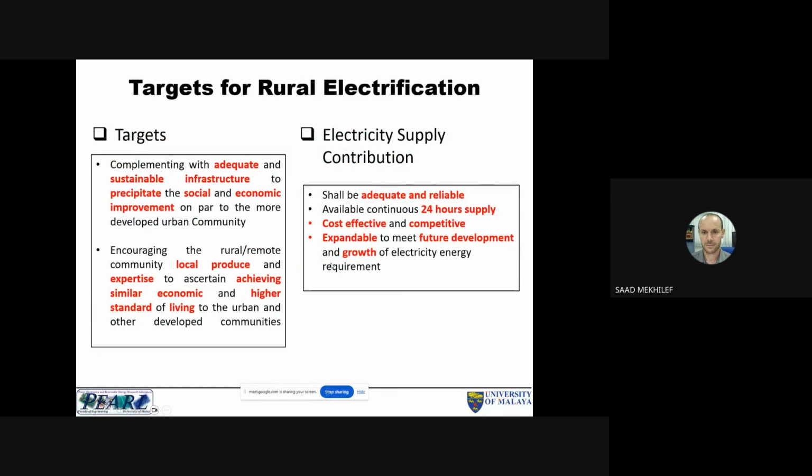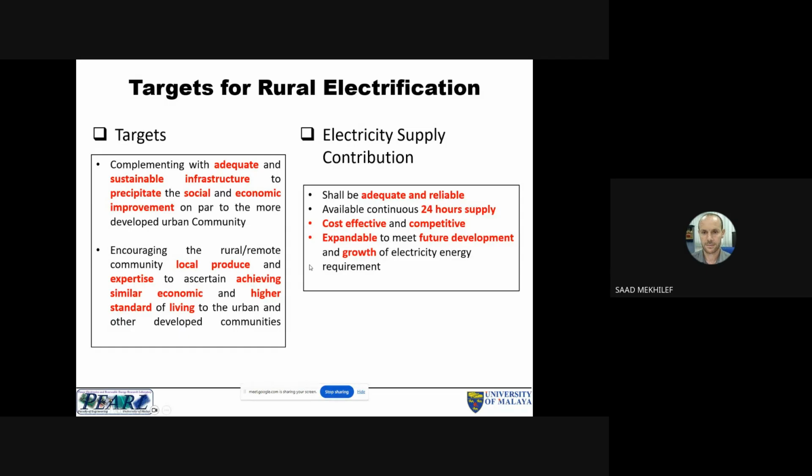So what is the target for this project? The target, like I said, is that it must have an objective in your design of your microgrid: complementing with adequate and sustainable infrastructure, helping on the social and economic improvements, and enabling communities to produce local expertise for their own.